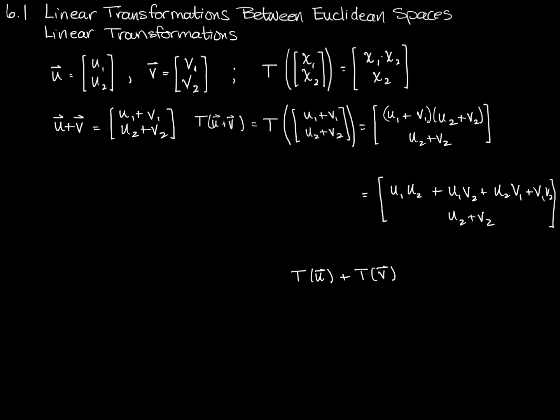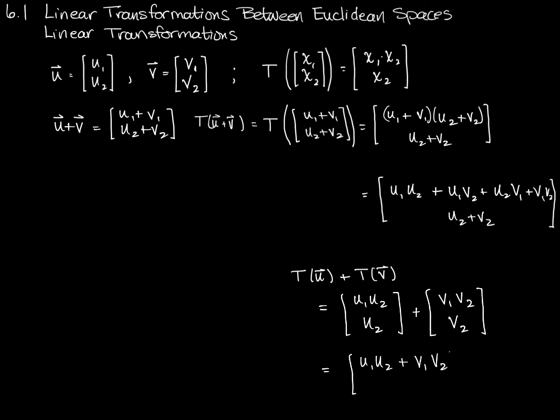The transformation of u is going to be u1 u2, and then just u2. And the transformation of v is v1 v2, and then just v2. Using vector addition, I get u1 u2 plus v1 v2, and then just u2 plus v2.